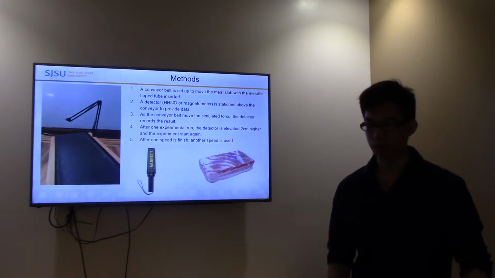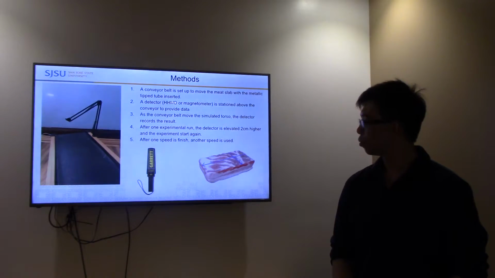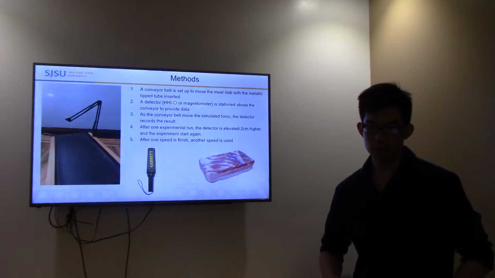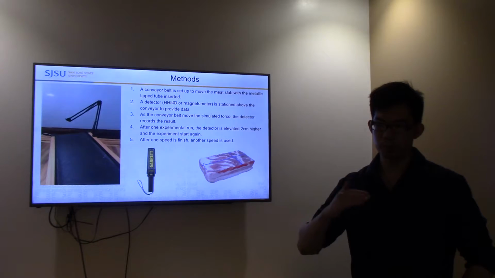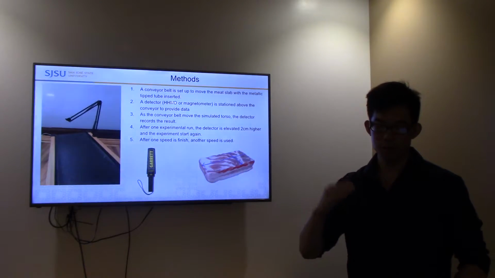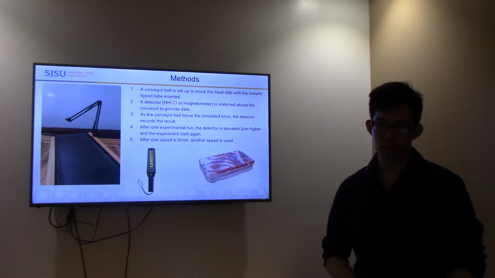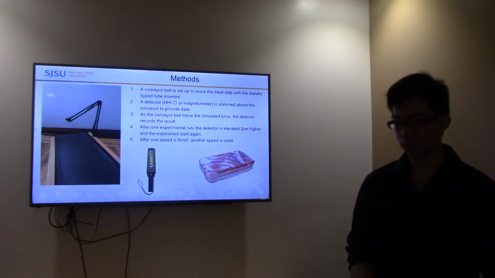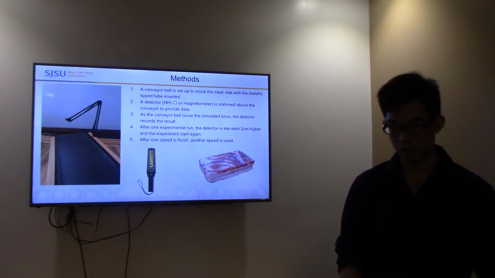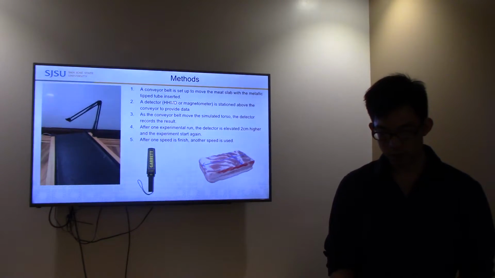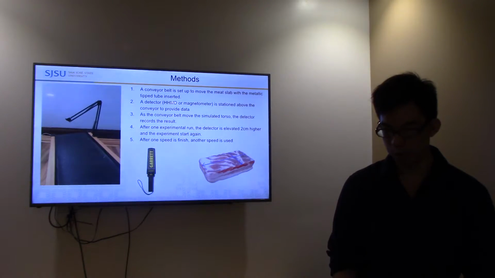As it moves across, it records. And after 1 experiment is done, the stand is elevated above 2 centimeters. And then the experiment starts again. There's going to be 3 trials for each position of the detector. And it's going to be done in 2 speeds as well.